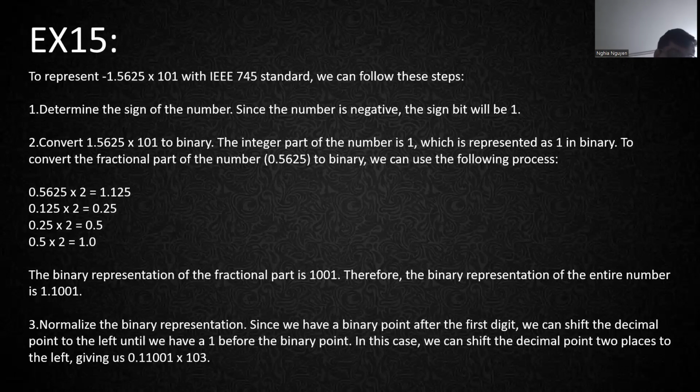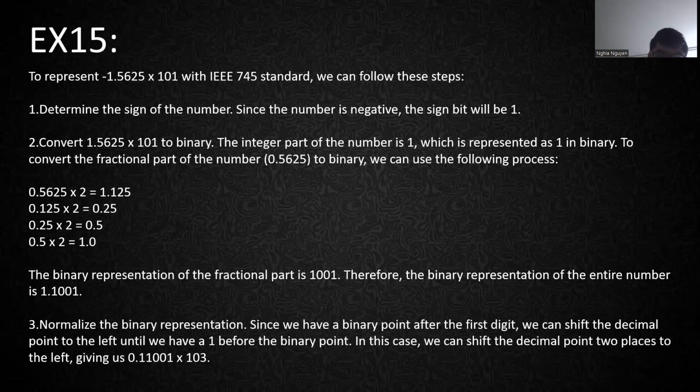Step three, normalize the binary representation. Since we have a binary point after the first digit, we can shift the decimal point to the left until we have one before the binary point.